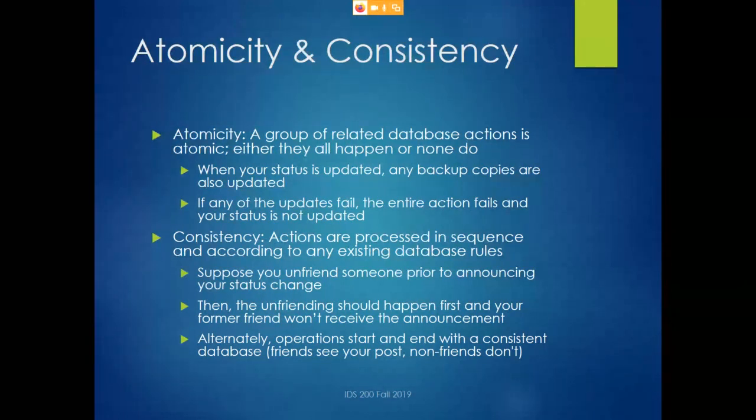When you make this status change, those replicas have to be updated as well. If something goes wrong, if a piece of hardware isn't currently available for whatever reason and the request times out, you don't want to end up in the situation where one of them shows your old status and two of them show your current status. That would be an inconsistency. So instead, it says, sorry, we couldn't update all of them, thus it's all going to fail.